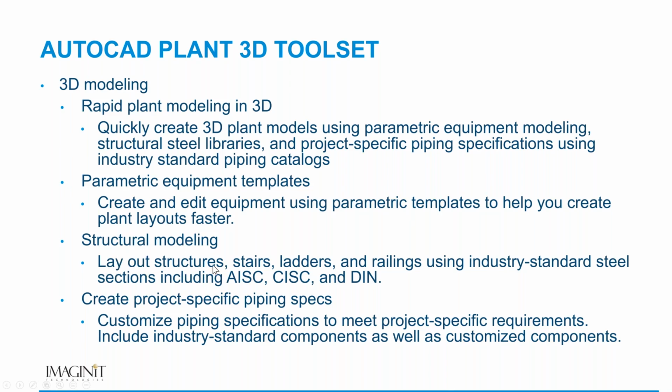Structural modeling, you can lay out structures, stairs, ladders, and railings using industry standard steel sections, again using the AISC, CISC, and DIN standards that are included. And then you have project-specific piping specs, so you can customize your piping specifications to meet project-specific requirements, and it includes industry standard components as well as any customized components.